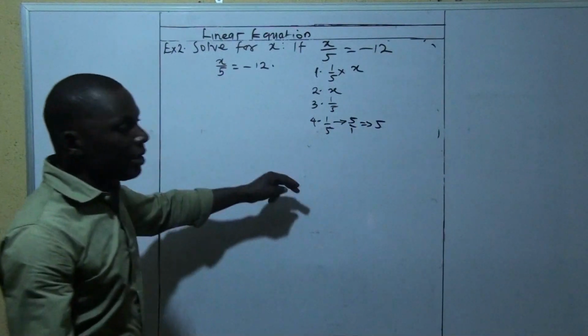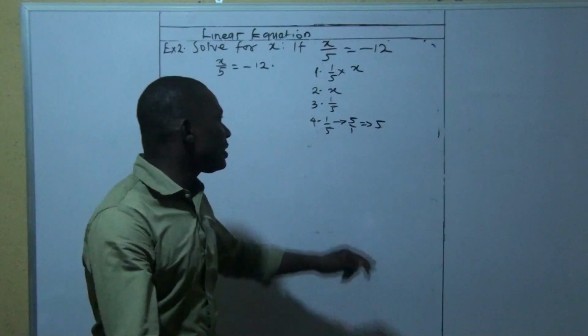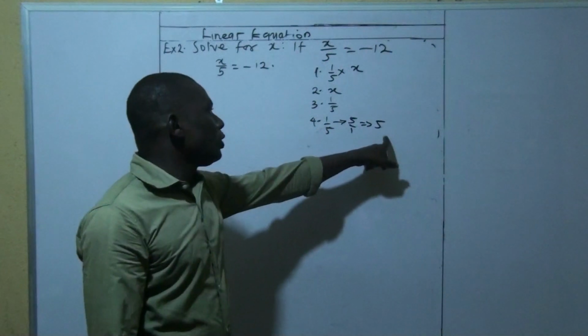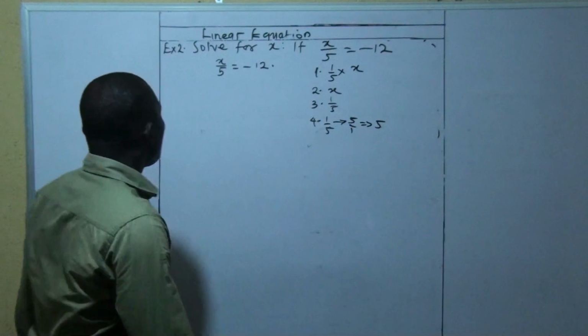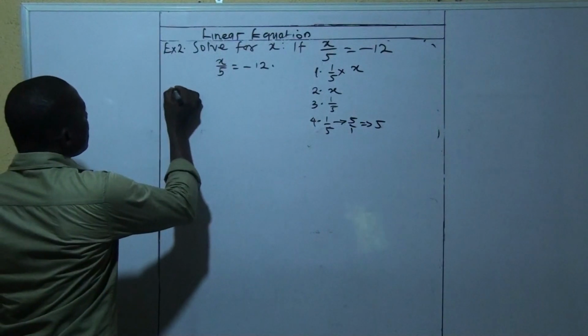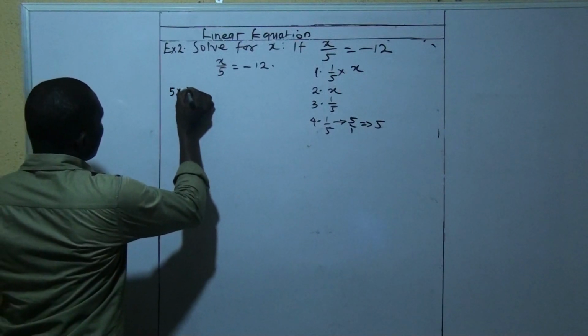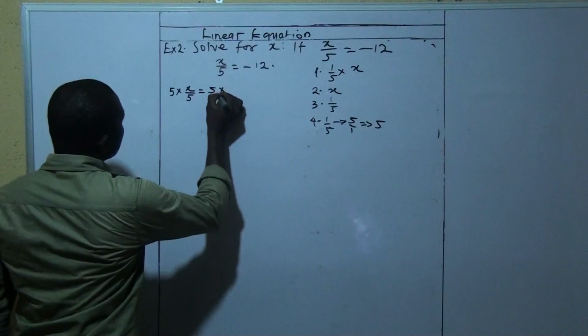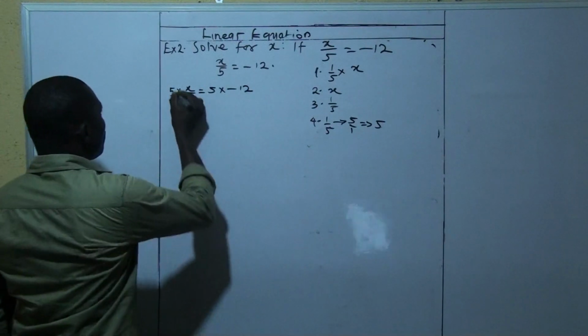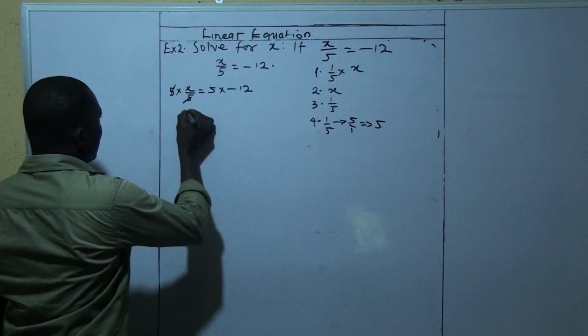So we are going to multiply both sides by 5. So we come here, we say this is 5 times x over 5 is equal to 5 times minus what? 12. So this one will go with this.